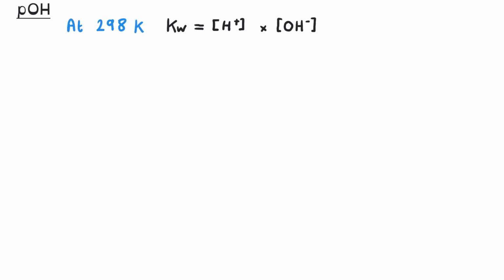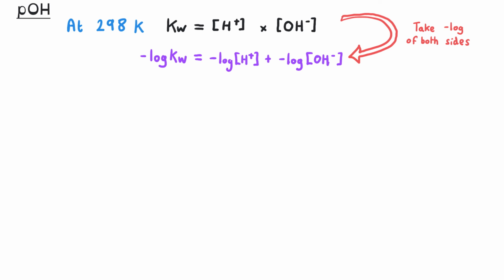As a quick derivation, at 298 Kelvin, as we know, Kw is equal to hydrogen ion concentration multiplied by the hydroxide ion concentration. If we take negative logs of both sides of this expression, we get the negative log of Kw is equal to the negative log of H plus, plus the negative log of hydroxide ion concentration.